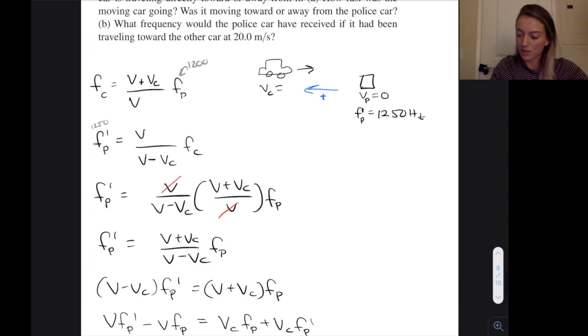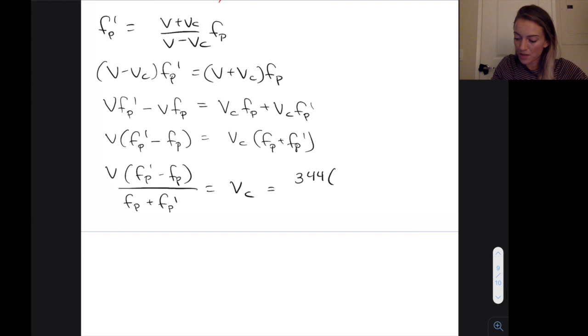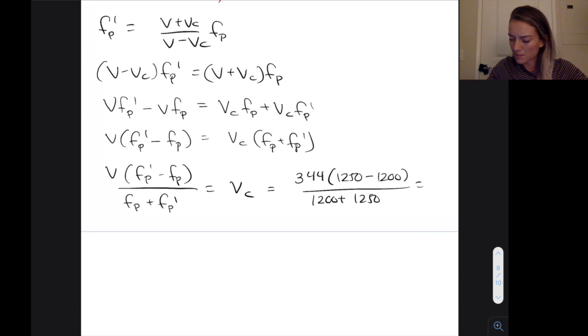So I'm going to plug in 1250 minus the original frequency he outputted, which was 1200, divided by 1200 plus 1250. We end up there with about 7 meters per second. So this is how fast our car is moving.